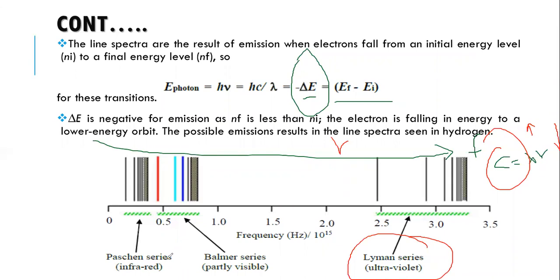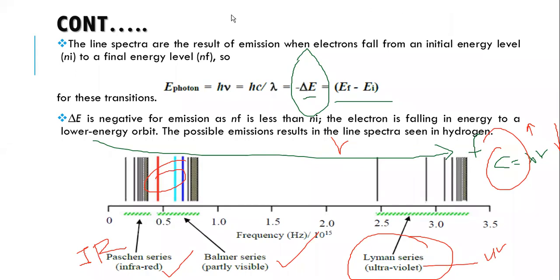The Paschen series always belongs to the IR radiation. The Balmer series is the one that shows visible radiation, so it is partly a visible series. The Lyman series is the UV, ultraviolet series. So you have to know this connection.